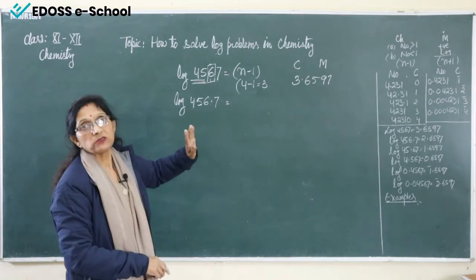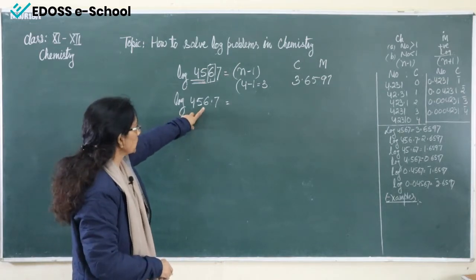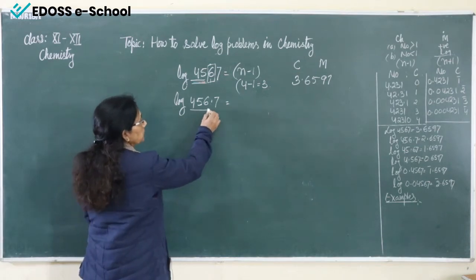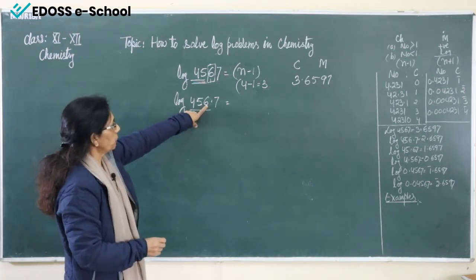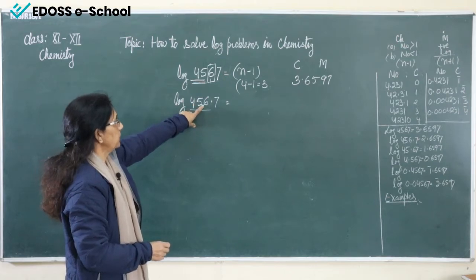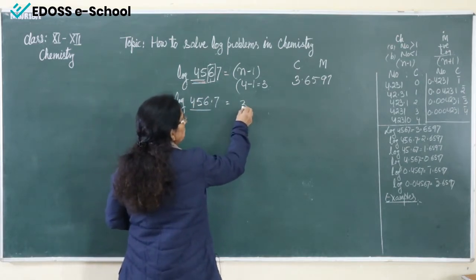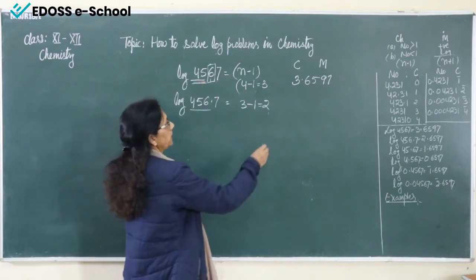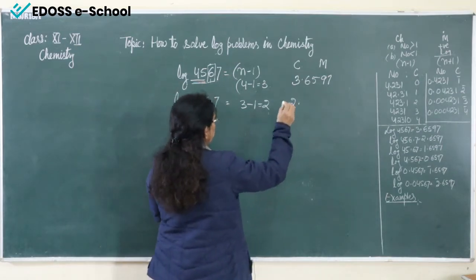Mantissa will remain the same. Now for the characteristic of this number, we have to see n minus 1. So n is 1, 2 and 3. That means 3 minus 1 is equal to 2. So I'll write characteristic 2.